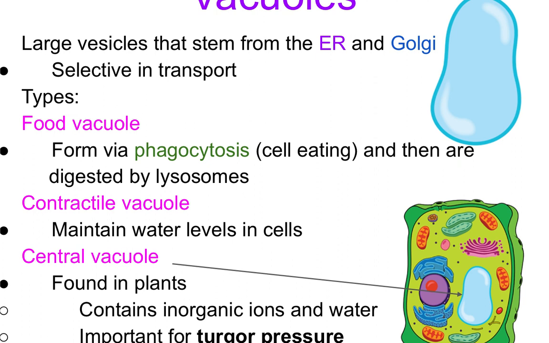It stores water, ions, other inorganic components, and that's important when it comes to turgor pressure inside of plants. A contractile vacuole is going to maintain water levels inside of all cells. And a food vacuole does kind of what it says. It actually commits phagocytosis. We call that cell eating. And that is when it uses those digestive enzymes that are inside lysosomes to commit phagocytosis.